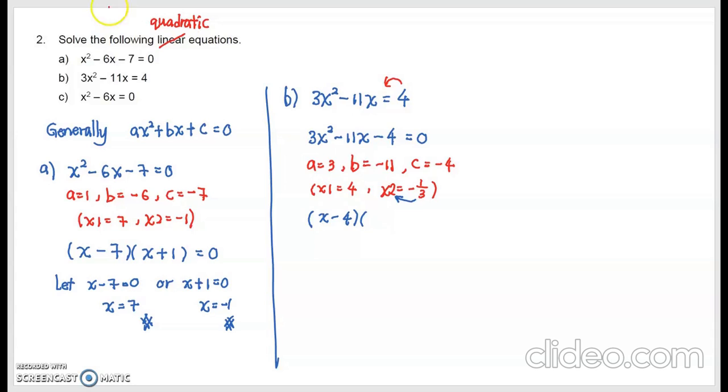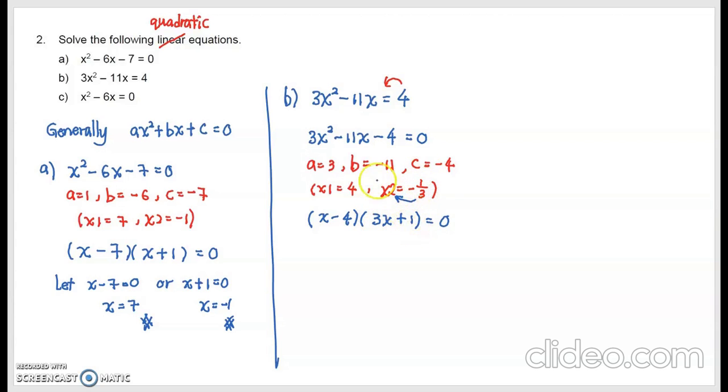It will become 3x. And then since here is negative, we have to put positive 1 is equal to 0. We never put our bracket in the form of a fraction. So if it is a fraction, you have to multiply to the front, it will become 3x. Negative will become positive.